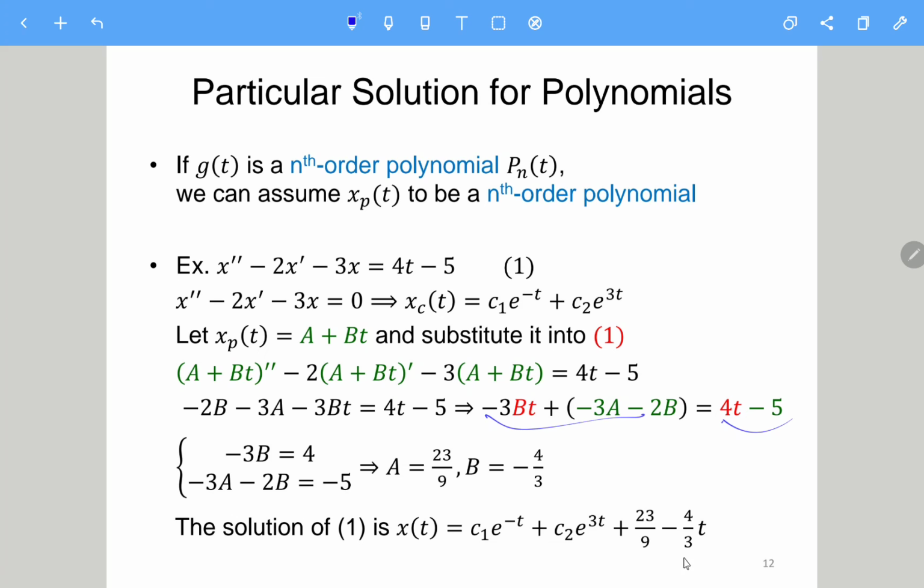Here we don't have the initial conditions yet, so we cannot determine C1 and C2. If we had initial conditions, for example x of 0 equal to a value and x prime of 0 equal to another value, we could solve for C1 and C2. But here the initial conditions are not given, so we cannot determine the unknown coefficients yet.